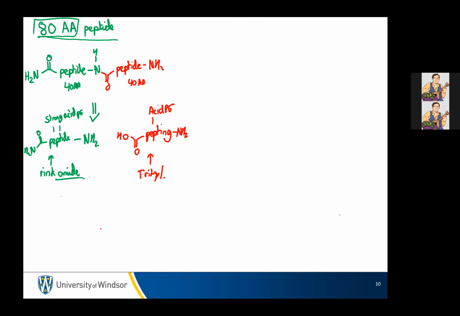So we have two peptides. One is rink amide made and it's got protecting groups on it. One is trityl made, and you just don't do your final deprotection. You leave the Fmoc on.